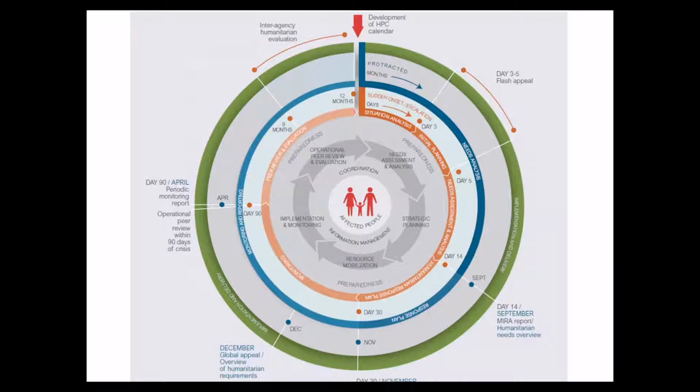The humanitarian program cycle was developed by the IASC as a guide to respond to all types of crises. The original one, if you look in the middle of this, was much smaller, and now in the most recent IASC coordination reference module, which is also in the handouts, they have expanded it so that it includes protracted emergencies as well as quick onset, and also talks to the HRP, or the Humanitarian Response Plan, including evaluations, and it has the days and everything, as you can see.